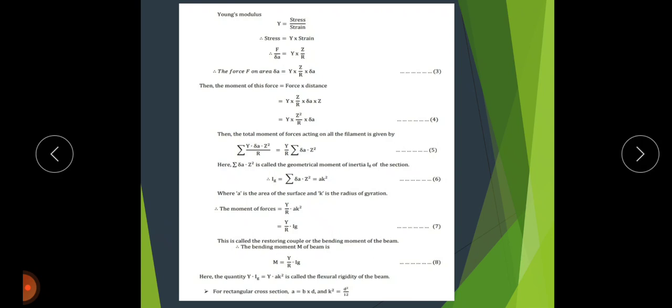Here the quantity y into Ig is equal to y into, substituting the value of Ig, A into K square, is called the flexural rigidity of the beam.